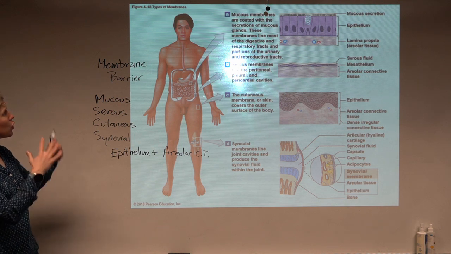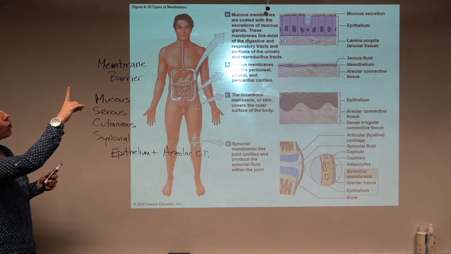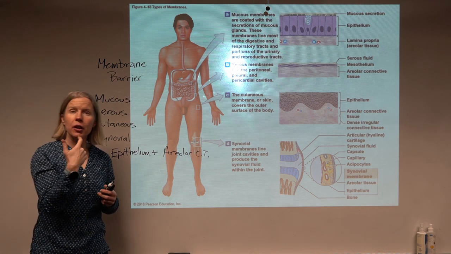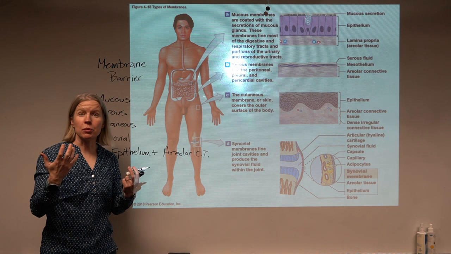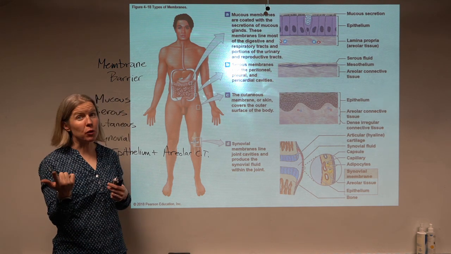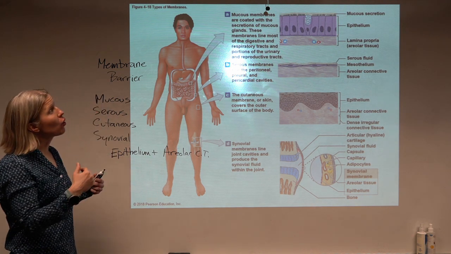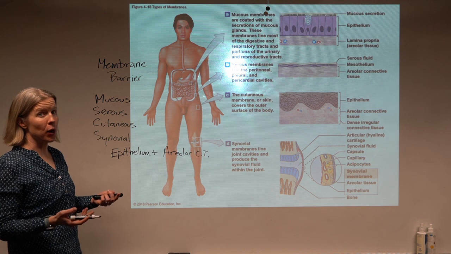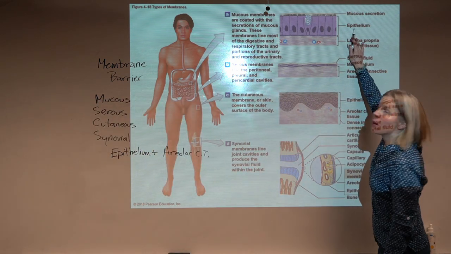Okay, so we know that we have these coverings. Now, the mucous membranes are going to be found lining any of our systems that are open to the outside world, right? So the digestive tract, respiratory, urinary, and reproductive systems are all going to have mucous membranes. Now the epithelium might change.